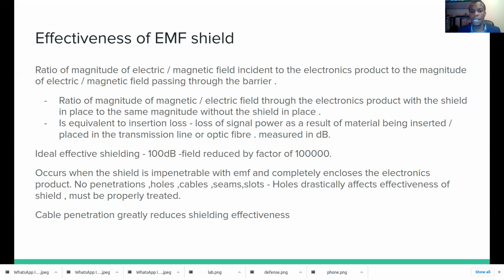In transmission lines, we come across a concept called insertion loss, which is the loss of power when you insert a material inside a transmission line or something like an optic fiber. This is measured in decibels. So there is the idea of ideal effective shielding.